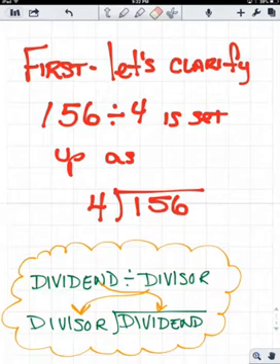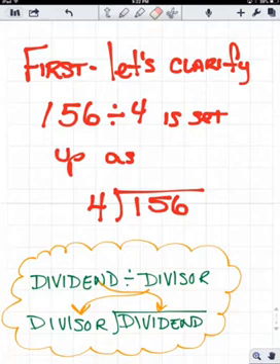So our dividend is our numerator, and our divisor is our denominator. So the dividend, the numerator, goes on the inside. The divisor, the denominator, stays on the outside.